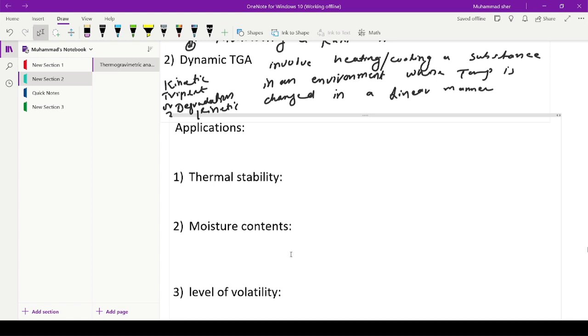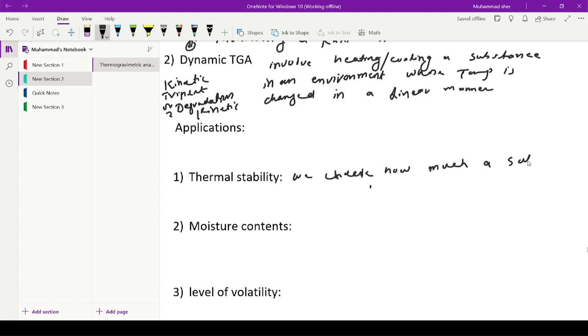So in thermal stability, we check how much temperature a substance can bear.